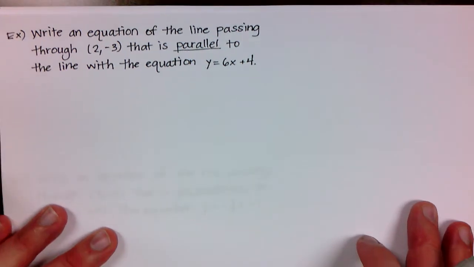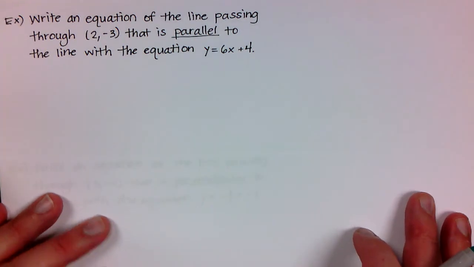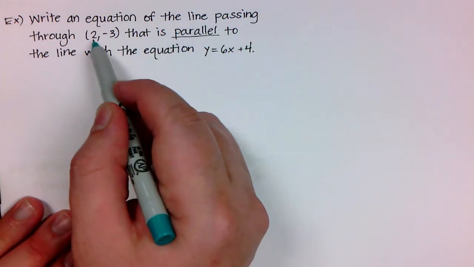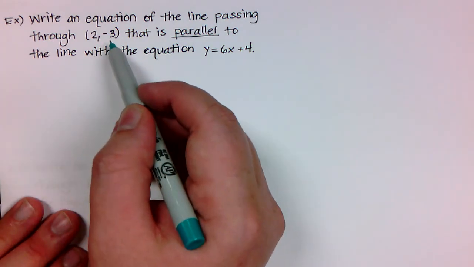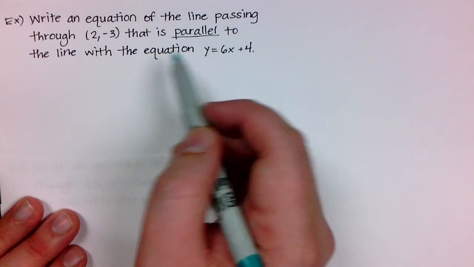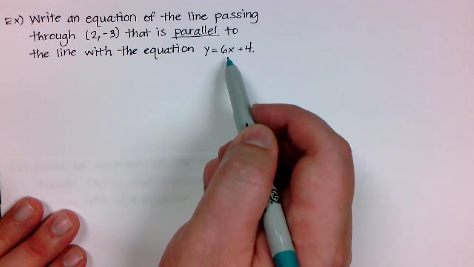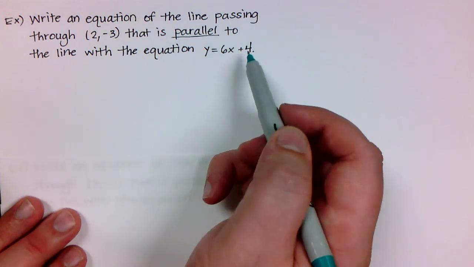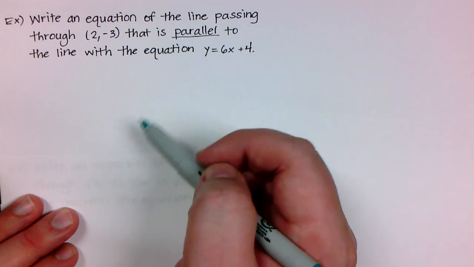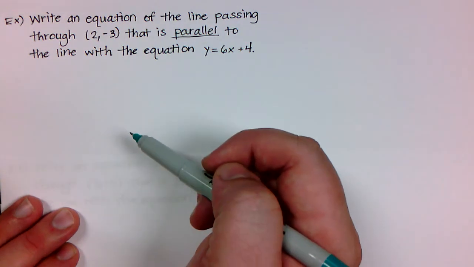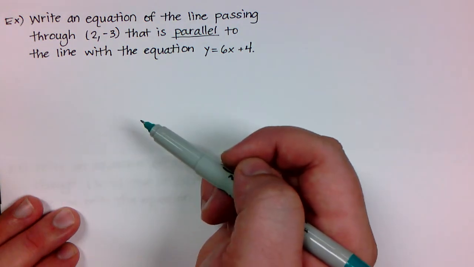For our next example, I want you to write an equation of the line passing through the point (2, -3) that is parallel to the line with the equation y is equal to 6x plus 4. So in this example, we do not have a picture with a line. I'm just given a little bit of information.